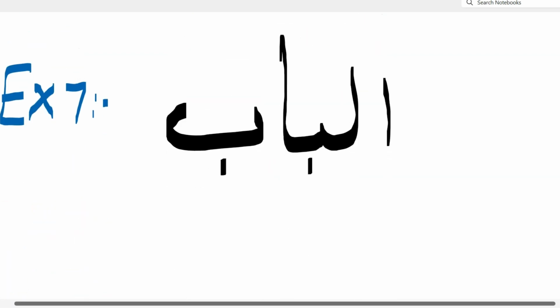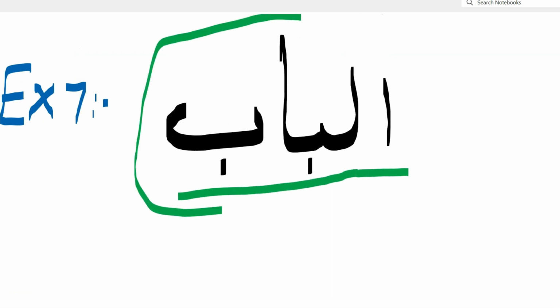Al-bab. Remember this part? We just read it a second ago. Bab means door. So the question is, what is this L right here?